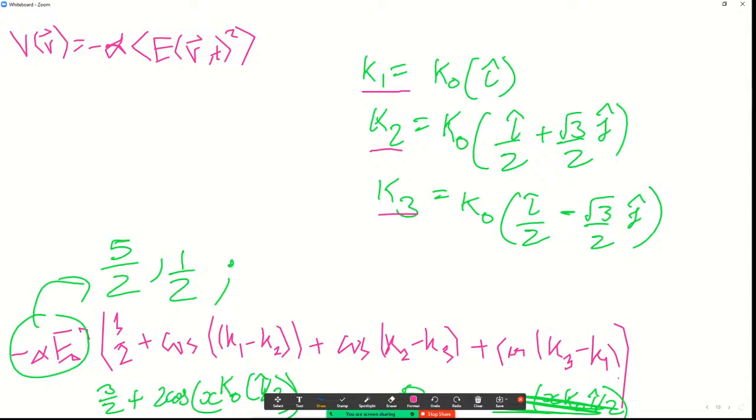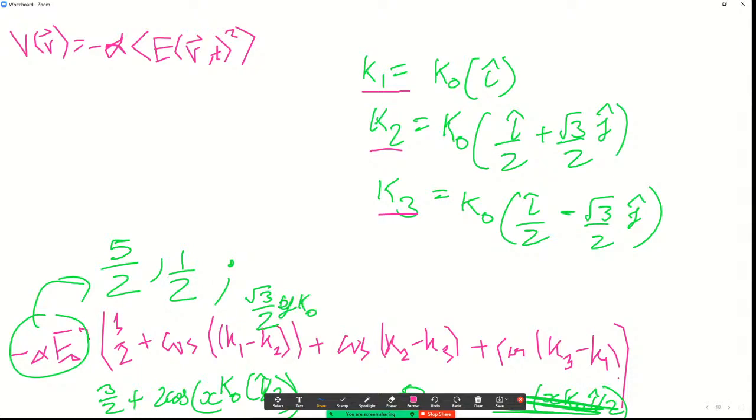And for y we have k1 minus k2, that is root 3 by 2, root 3 by 2 y k naught.